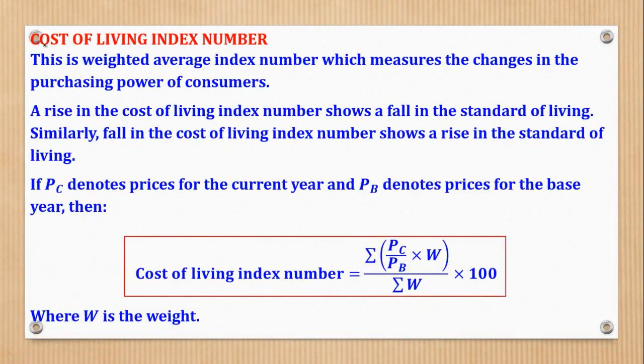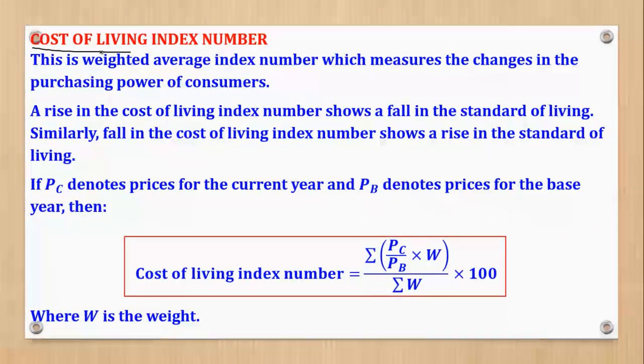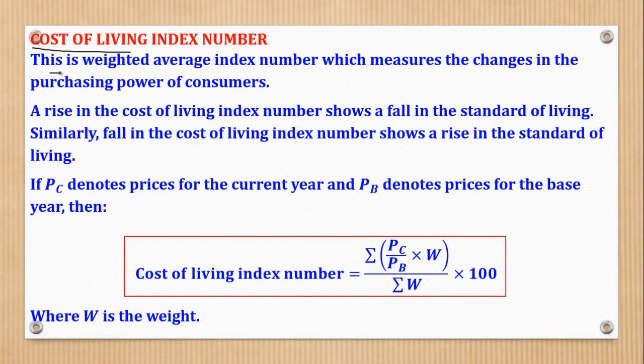So that was weighted. What about cost of living index number? This is the weighted average index number which measures the changes in the purchasing power of consumers. So the same formula for weighted average price index is the very formula we shall use for cost of living index number. The difference is the items.